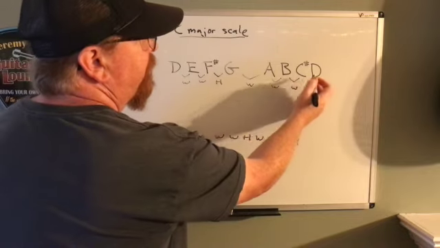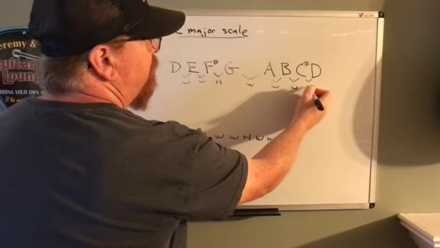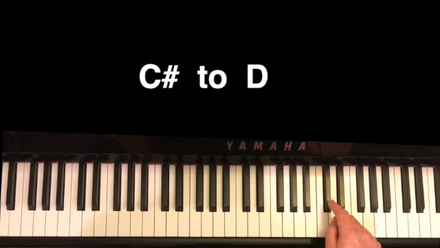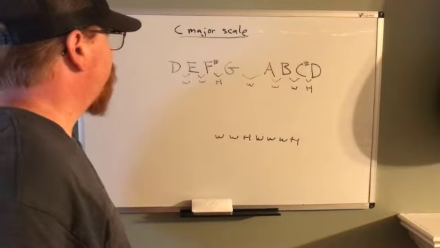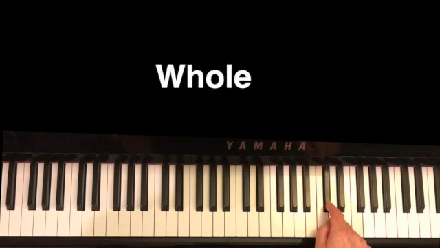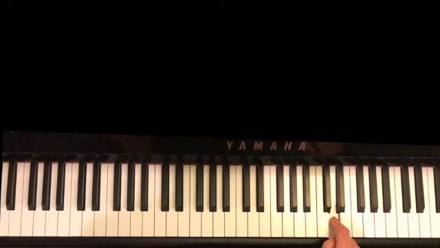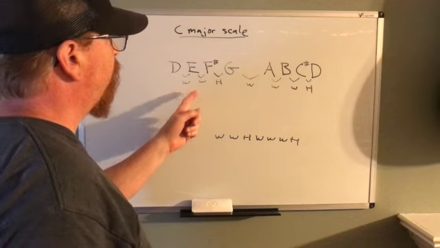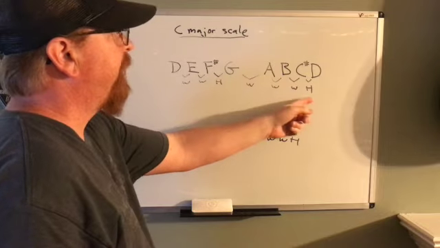And then finally from a C sharp to a D is a half step. And it completes the formula. Whole, whole, half, whole, whole, whole, half.